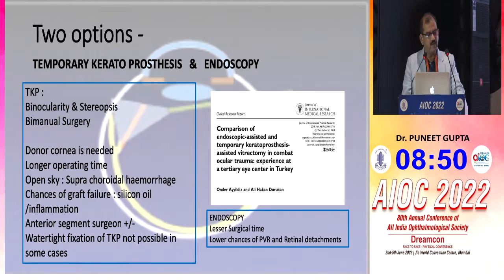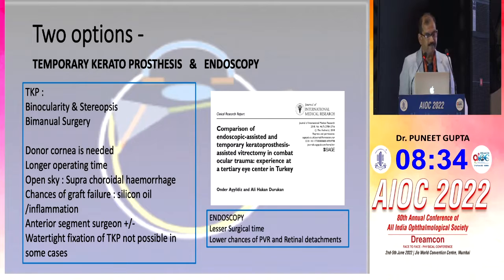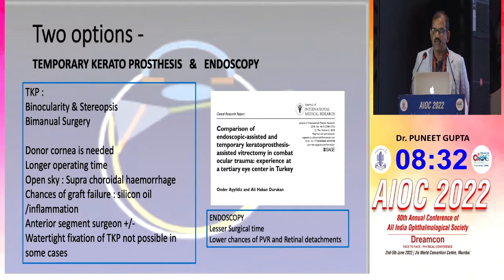In temporary keratoprosthesis, the binocularity and stereopsis are better, and you can perform bimanual surgery. But there are some issues: you need a donor cornea. Longer operating time is needed because you have to suture the keratoprosthesis.